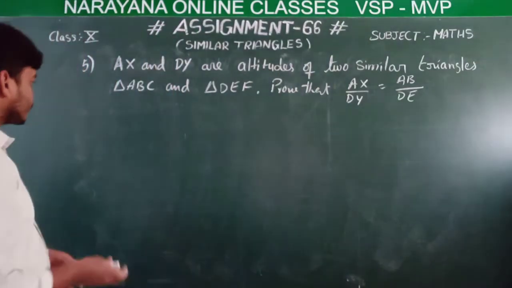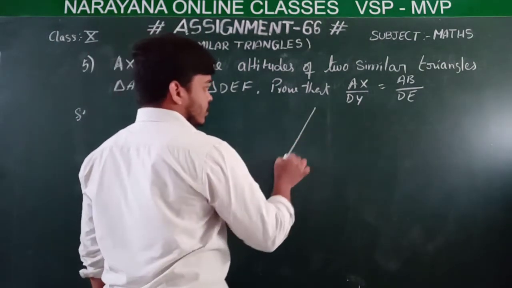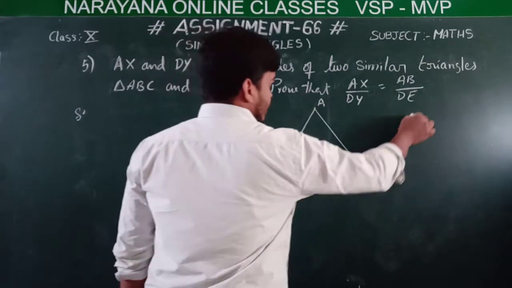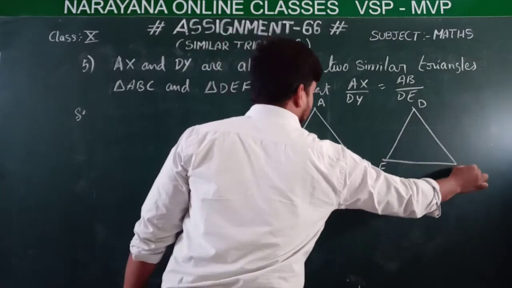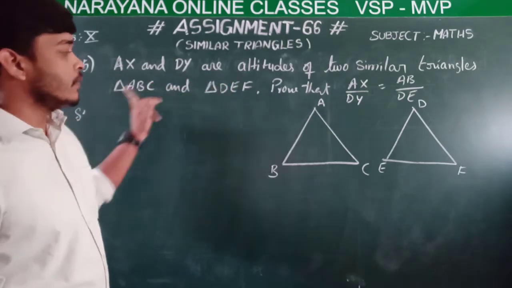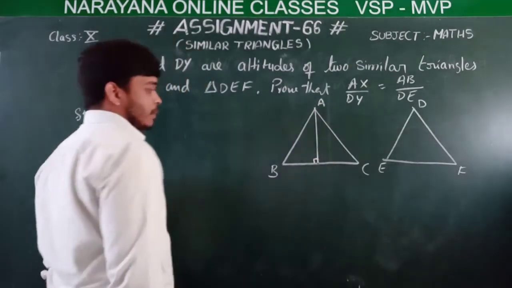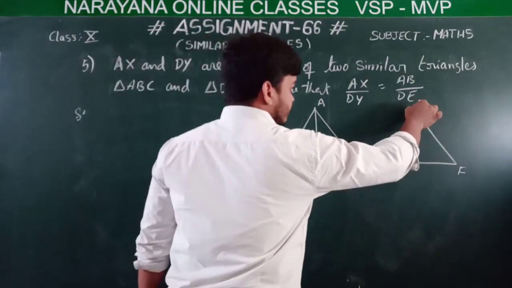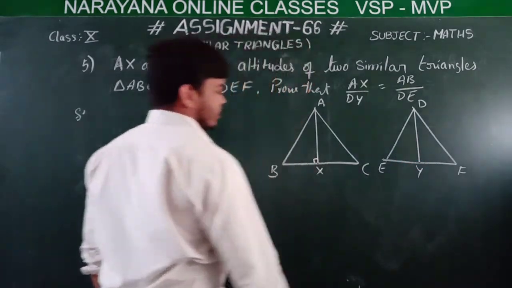So children, here take two triangles, triangle ABC and triangle DEF. Here AX and DY are altitudes of these two triangles. Altitude means AX is perpendicular to BC and DY is perpendicular to EF.